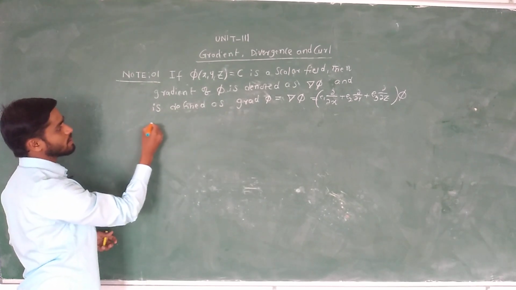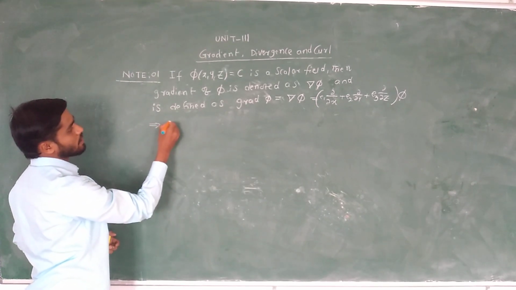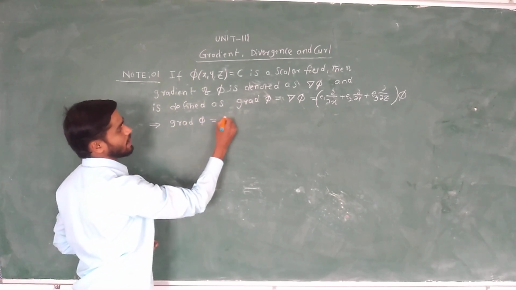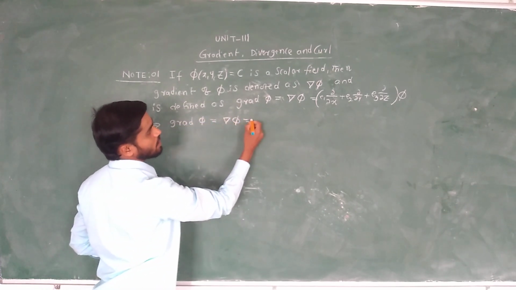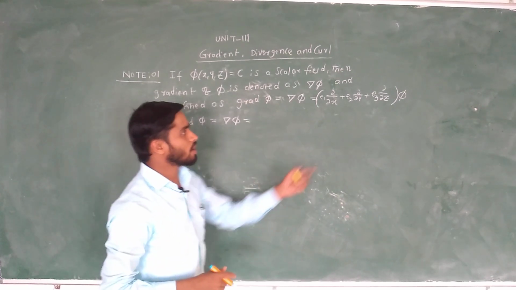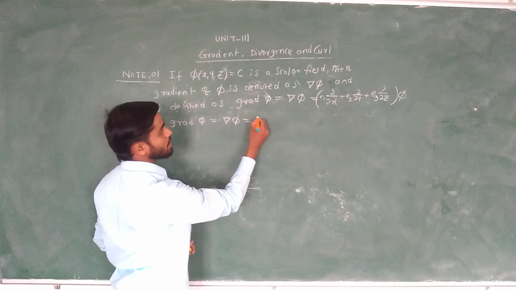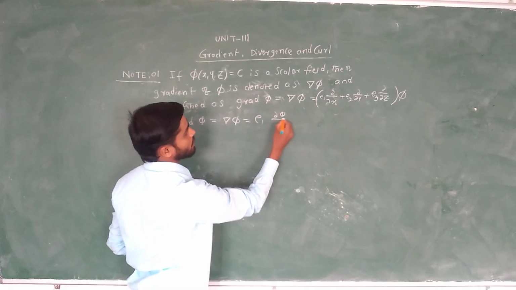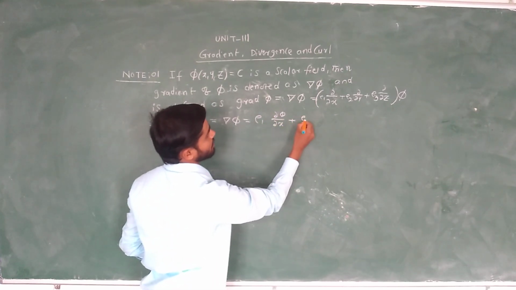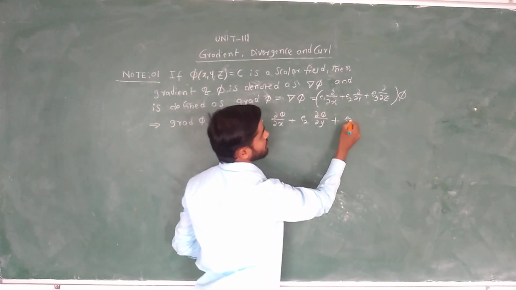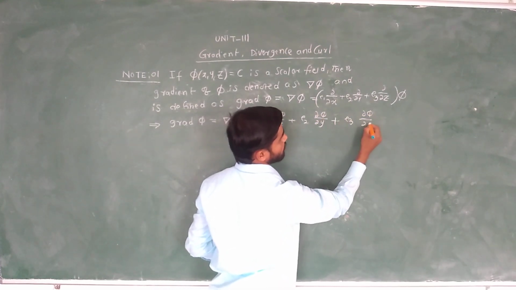Again that will be written as grad phi is equal to del phi is equal to, if you operate this phi inside the brackets, you will get E1 dou phi by dou x plus E2 dou phi by dou y plus E3 dou phi by dou z.